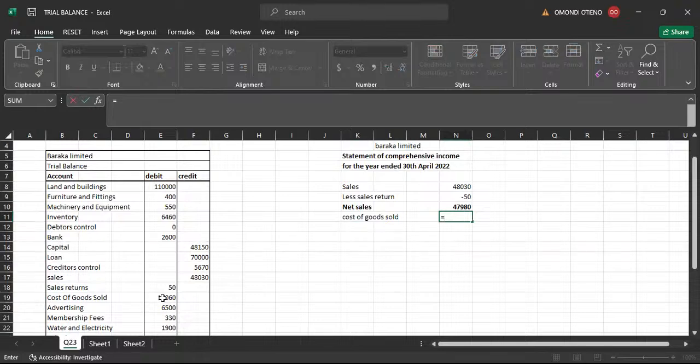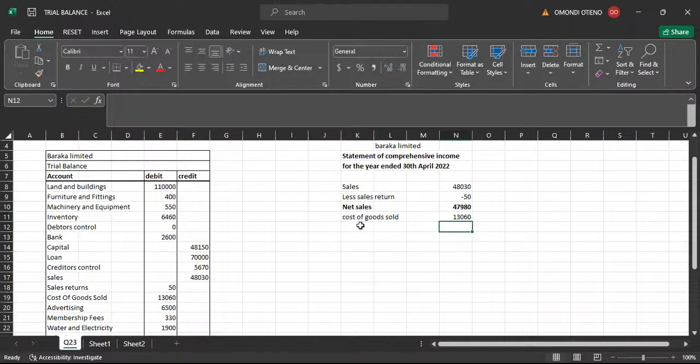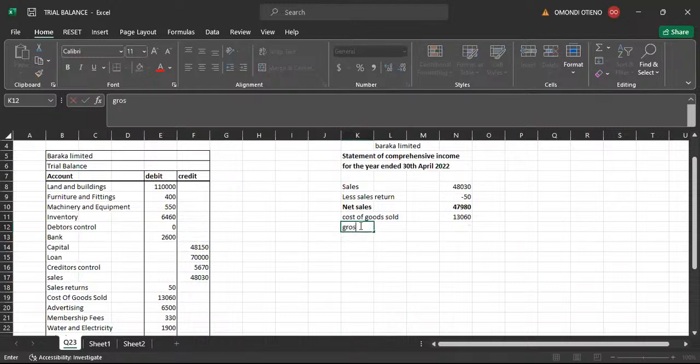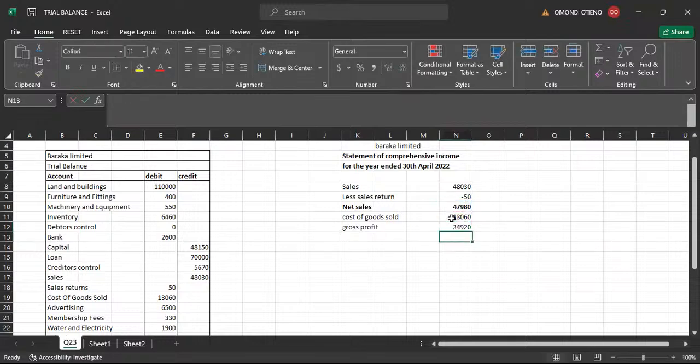But because we are going to less it, for us to get a gross profit, you can just have it here or indicate a negative against it. So our gross profit is equivalent to net sales minus cost of goods sold. That is the gross profit.